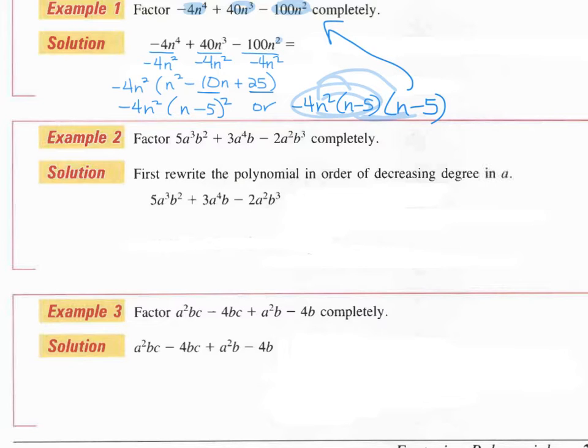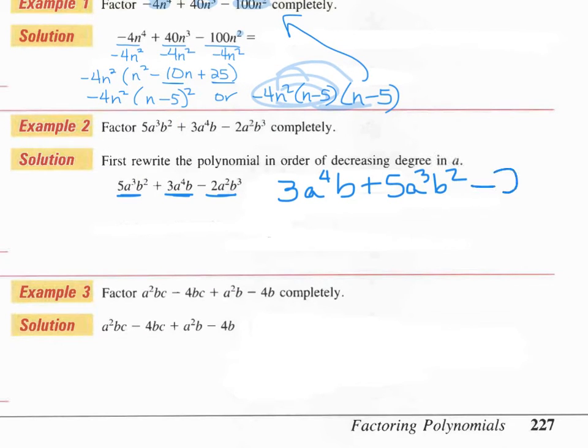They want us to write it in order for the letter a. So I'm going to put this one first, then this one second, and then this one third. It's not going to affect our answer if we don't do this, but I'll go ahead and do it. So the 3a to the 4th b plus 5a to the 3rd b squared, and then lastly, minus 2a squared b to the 3rd.